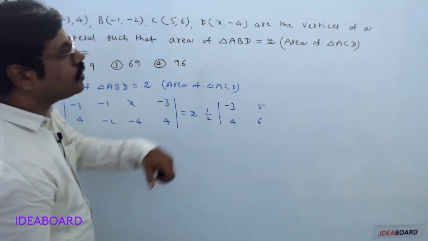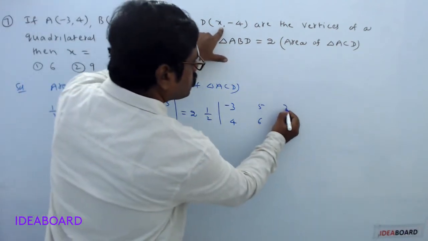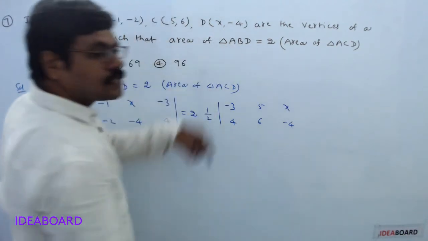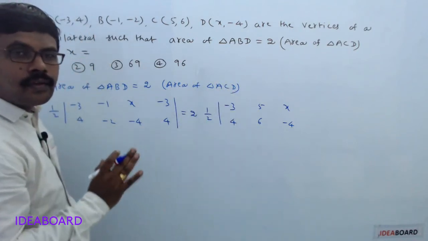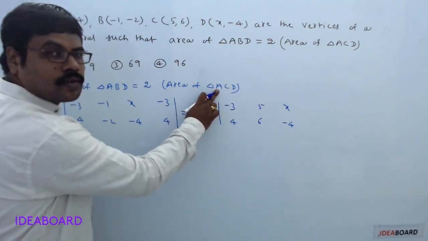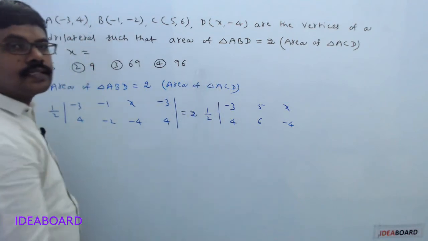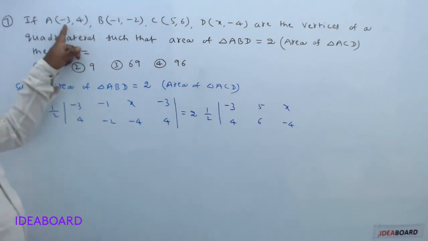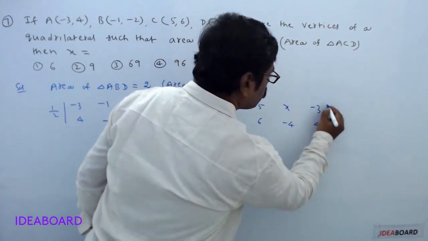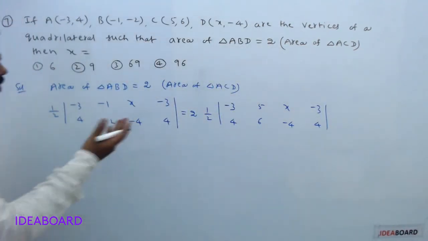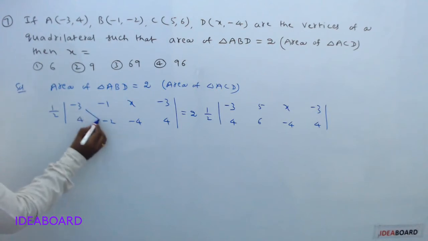Then third vertex is D, x, minus 4. If 3 points are over, then again you write down the first vertex coordinates, A: minus 3, 4. Now put the arrow marks.